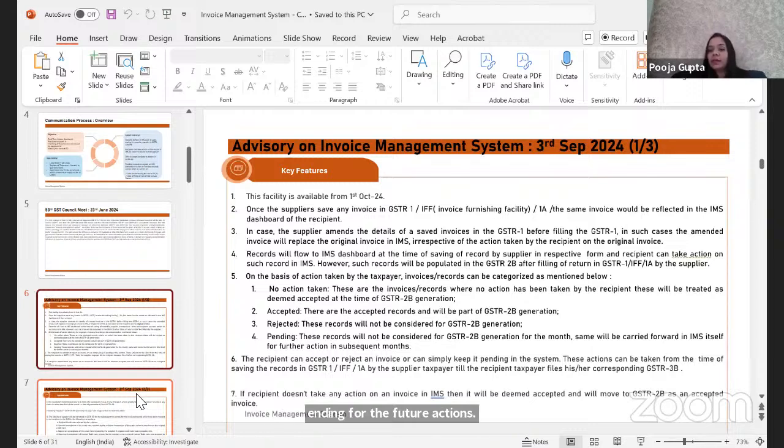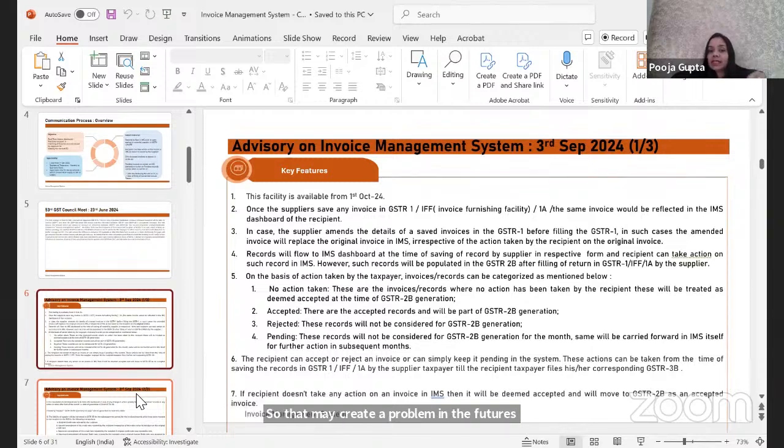The fourth one is that no action is taken. What will happen if the recipient has not taken any kind of action on the invoices, credit notes, debit notes, amendments that are appearing on the IMS dashboard? They will be assumed as deemed receipt. That may create a problem in the future.